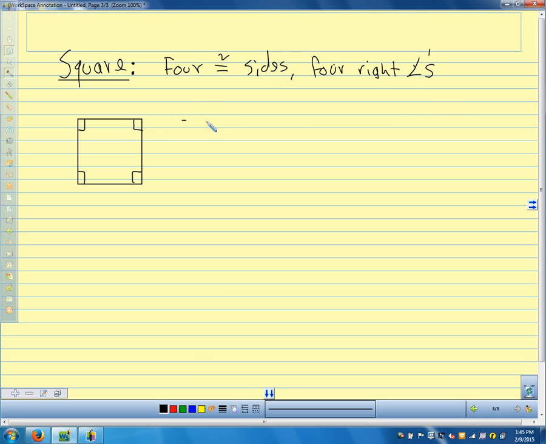All right, so square has 4 congruent sides, 4 right angles. It is a parallelogram. It is a rectangle and a rhombus. So it has all of the properties of all of those things.